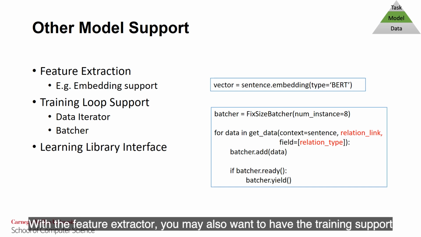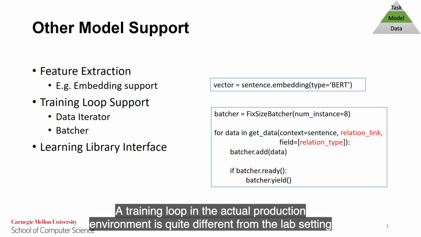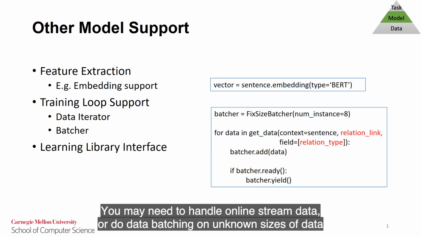With a feature extractor, we may also want to have the training support. A training loop in the actual production environment is quite different from the lab setting. You don't have nicely pre-processed data. You may need to handle online stream data or do data batching or unknown sizes of data.